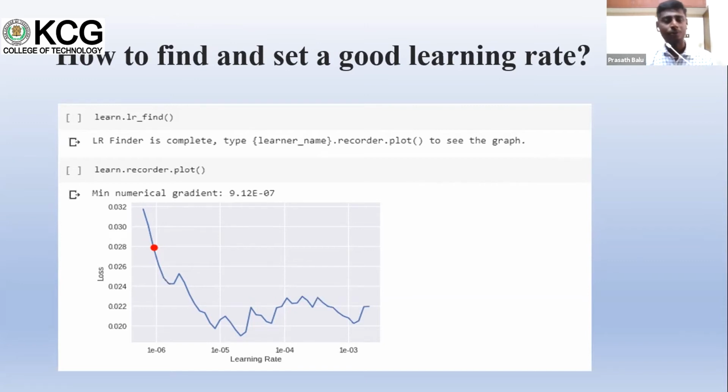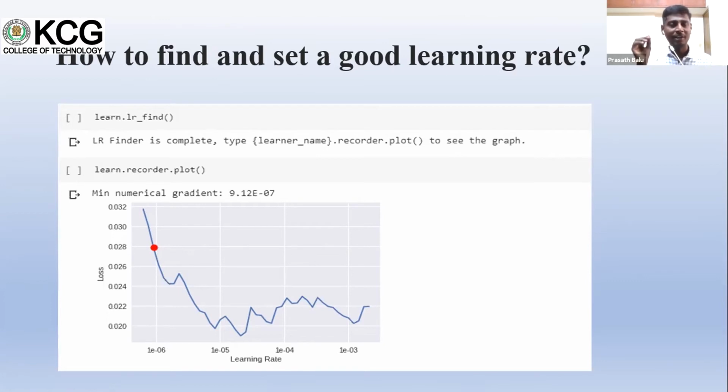And whenever we are back propagating with the help of learning rate, you can see that losses keep on reducing. Let's say if the loss is 0.020, we will stop at that and we will be done with the model building. So that particular model will be used for the prediction.